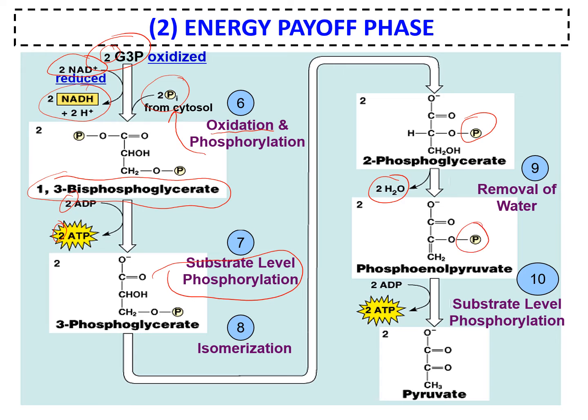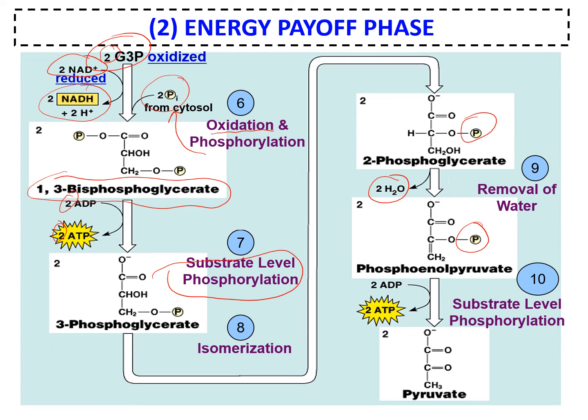Since we still have a phosphate in the substrate, it comes to the end of the stage, which involves another substrate level phosphorylation. So the phosphate group from the phosphoenol pyruvate will be removed and phosphorylate the ADP to ATP, meaning that ATP is produced.